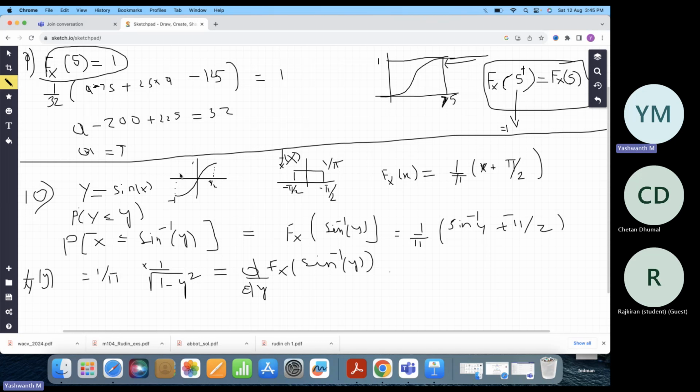So I am saying that Y is less than or equal to some alpha here. This alpha corresponds on the X-axis to sine inverse alpha, because Y is sine alpha.